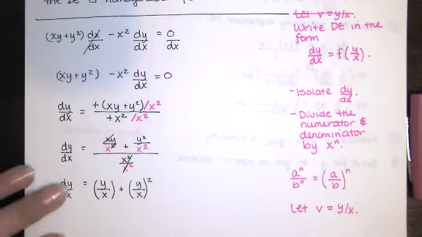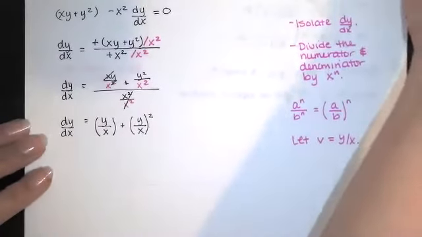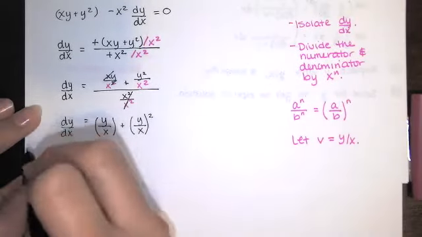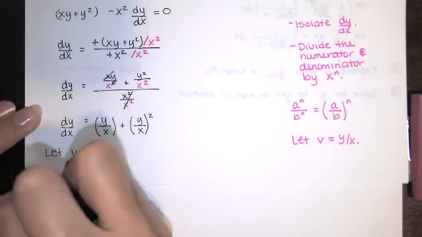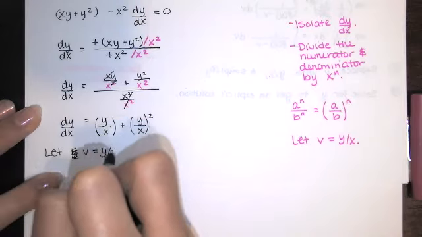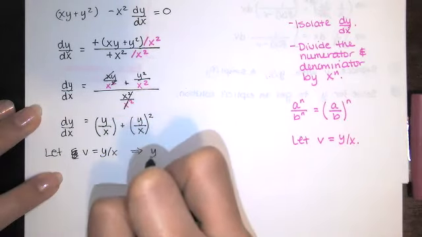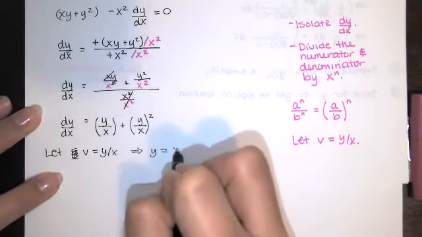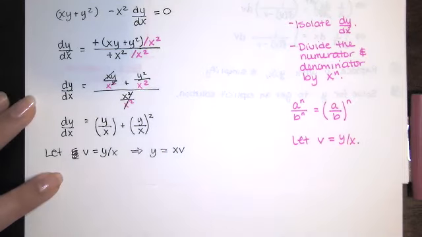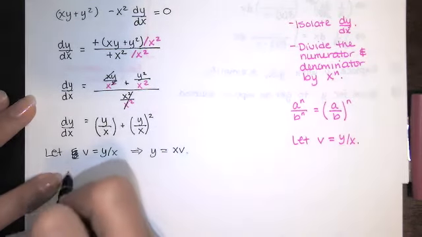We don't want any y's anymore. We just want x's and v's. Check out what happens. So we're letting v equal y over x, which means that y is x times v. If we multiply both sides by x, we get y equals x times v.